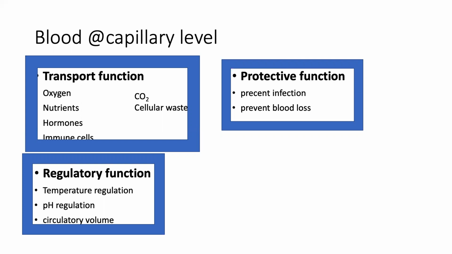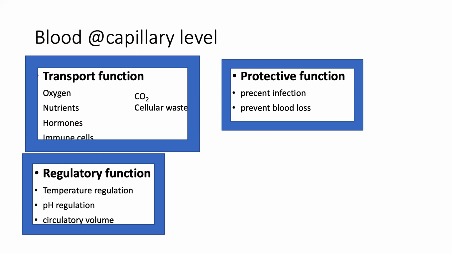With regards to the transport function, the blood is responsible for delivering oxygen and nutrients from the lungs and from the digestive tract to all parts of the body.